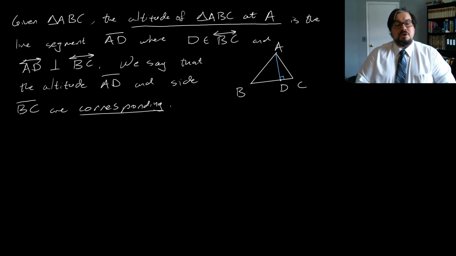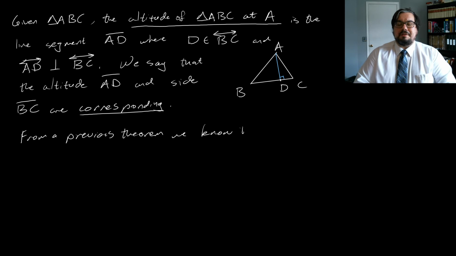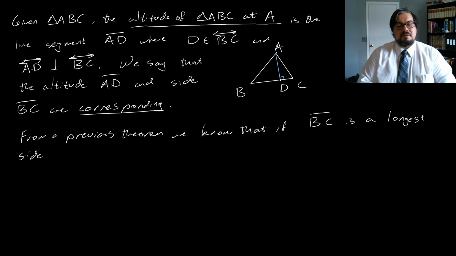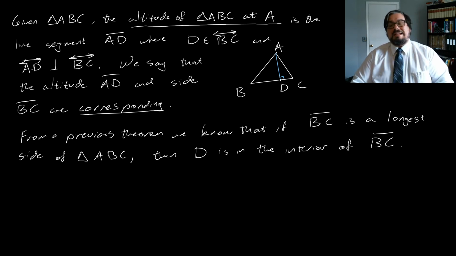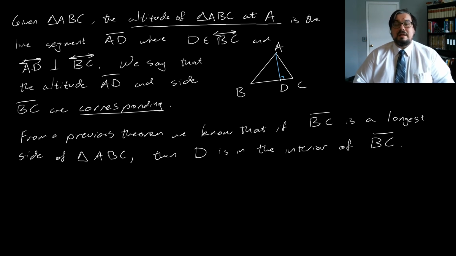We also know from a previous theorem that if the segment BC is a longest side of triangle ABC, then D is in the interior of segment BC, or in other words, it's between the points B and C. When the segment BC is not a longest side of the triangle, then we don't know.